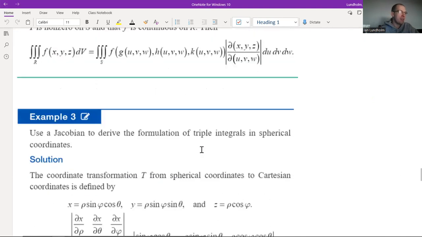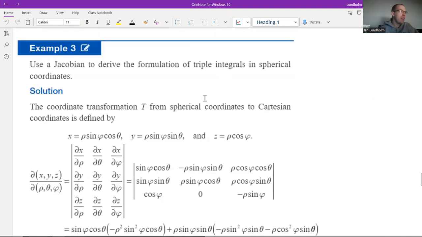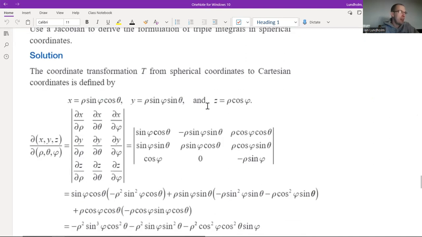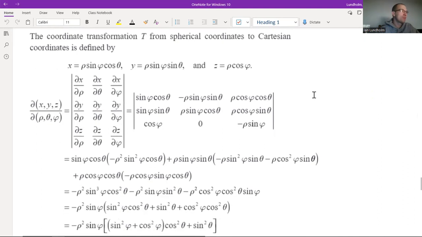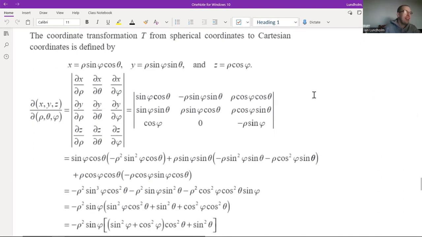Cool. So yeah, that scale factor. Example number 3 is here to derive the change of variable between x, y, and z and spherical coordinates. And yeah, hopefully this doesn't look completely foreign because we've talked about spherical coordinates.